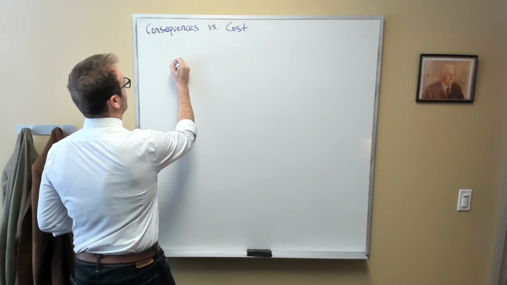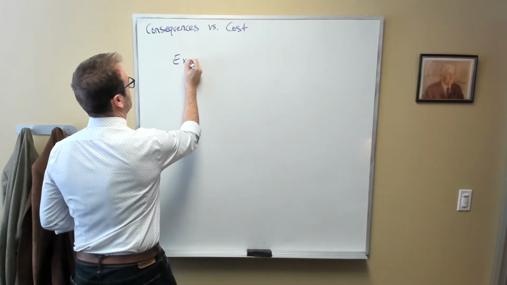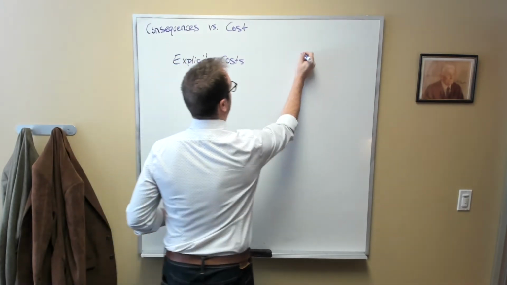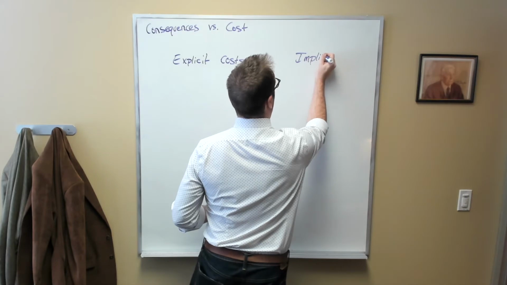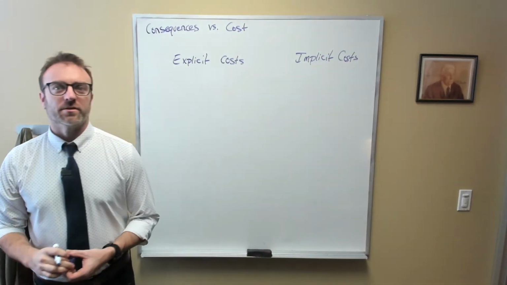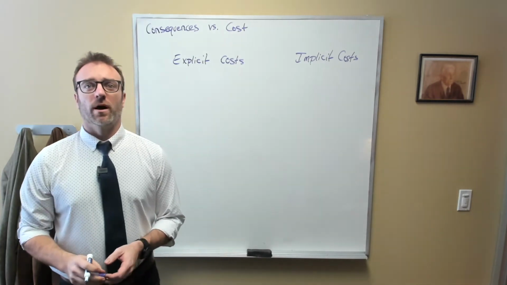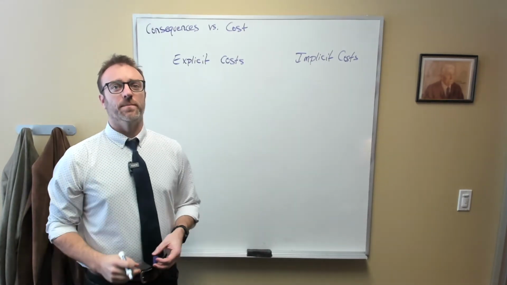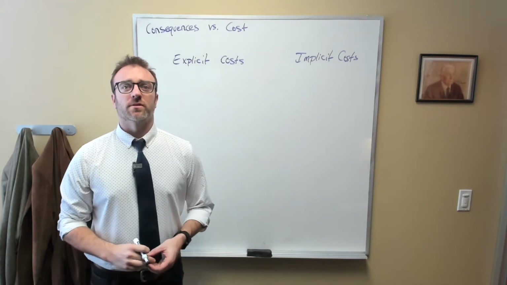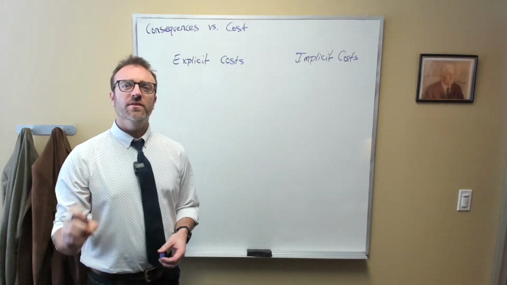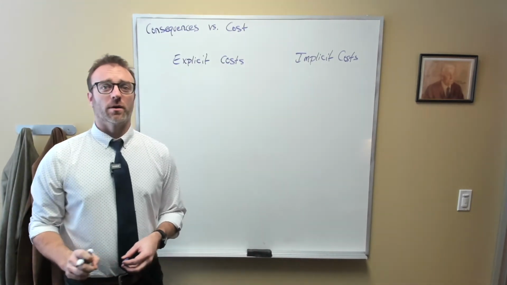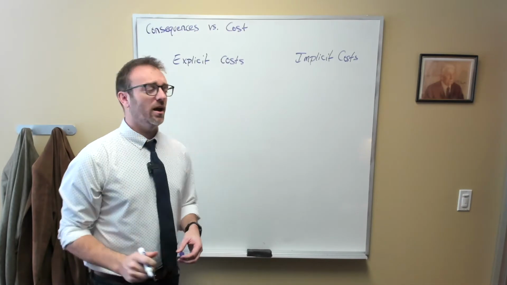These would be denoted as a difference between the explicit costs and implicit costs. Explicit costs would be the cost to acquire or get something. For example, if you purchase a laptop for $900, the explicit cost of purchasing the laptop is not the $900, but rather what you would have done with the $900 if you did not buy the laptop.